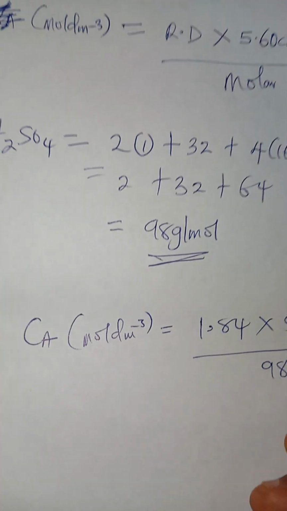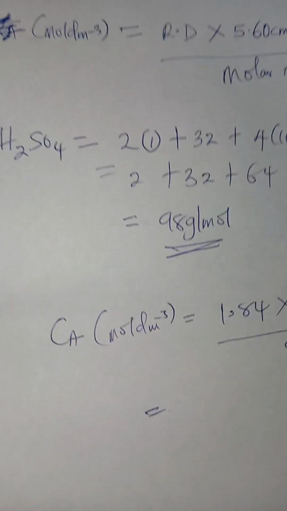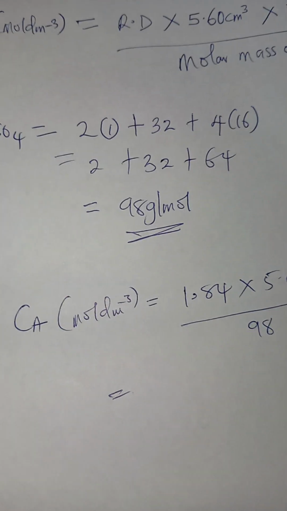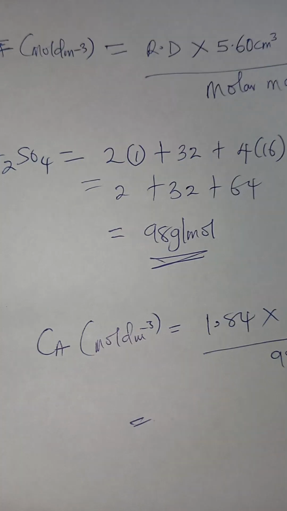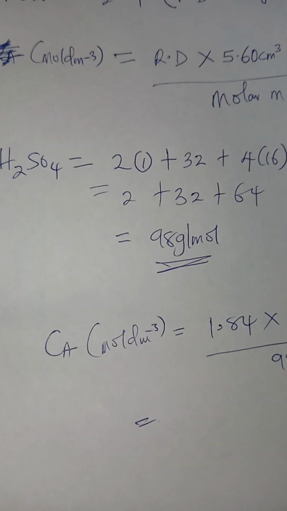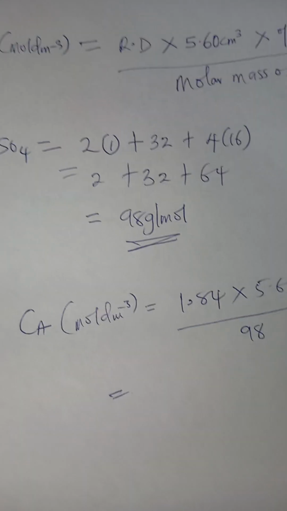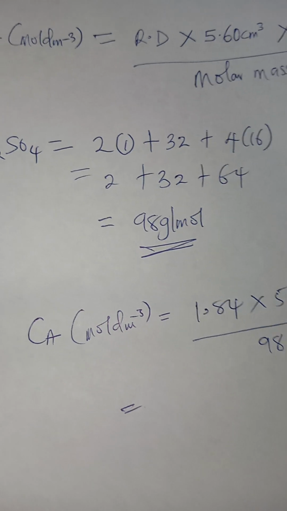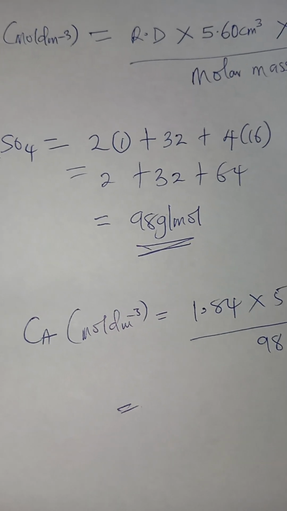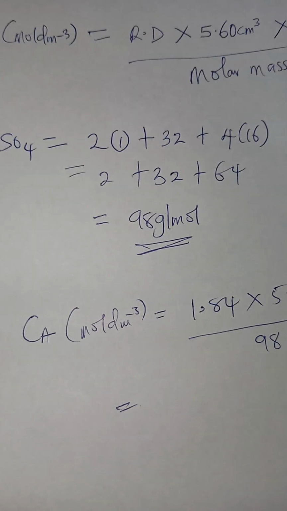So when we do the calculation, we have 1.84 multiplied by 5.6 multiplied by 0.98.